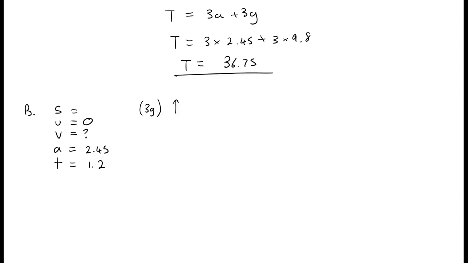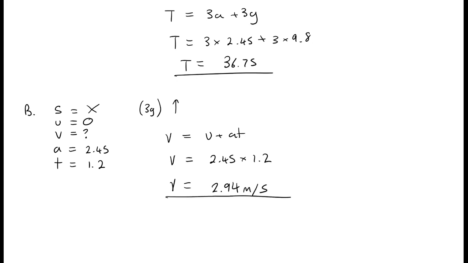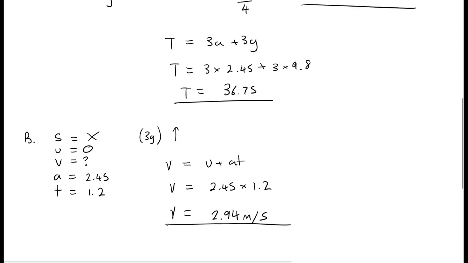So we're looking for the equation that doesn't have s in it. We'll use v equals u plus at. So 2.45 multiplied by 1.2, because u is 0. That's 2.94 meters per second. There's the answer. Okay.